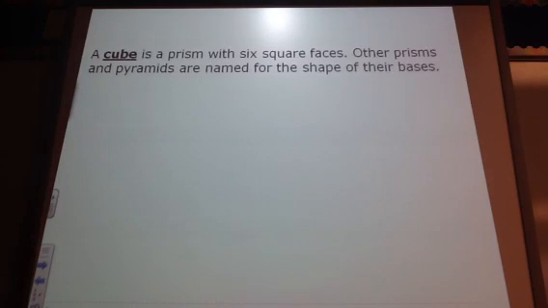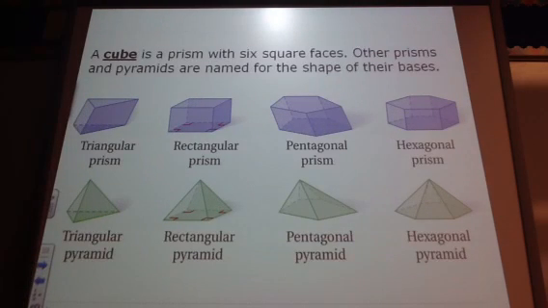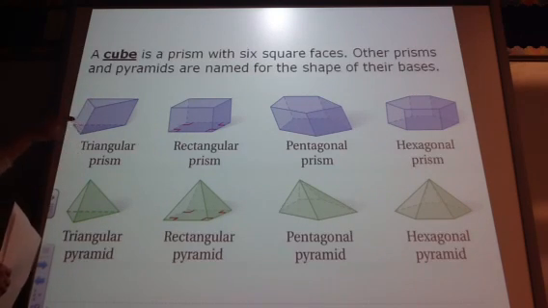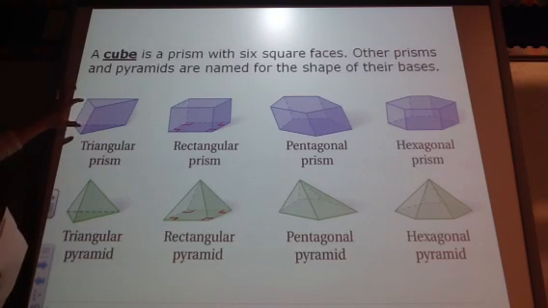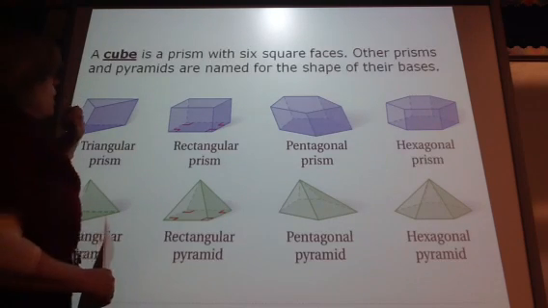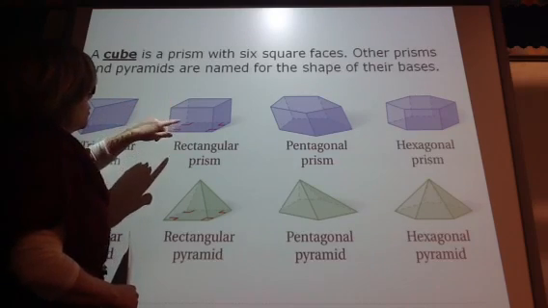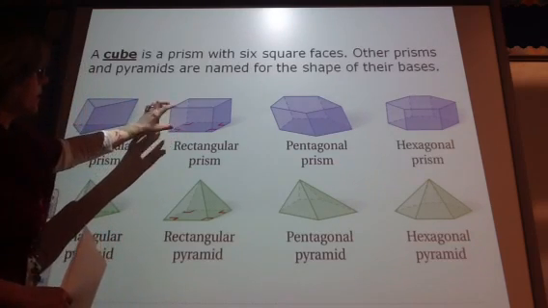All right, a cube is a prism with 6 square faces. Other prisms and pyramids are named for the shape of their bases, and I've kind of already told you that. So you can quickly go over this. You have 2 triangles, 3 rectangles, so that is a triangular prism because your 2 triangles are your parallel bases. You have, let's see, 1, 2, 3, 4, 5, 6 rectangles here.